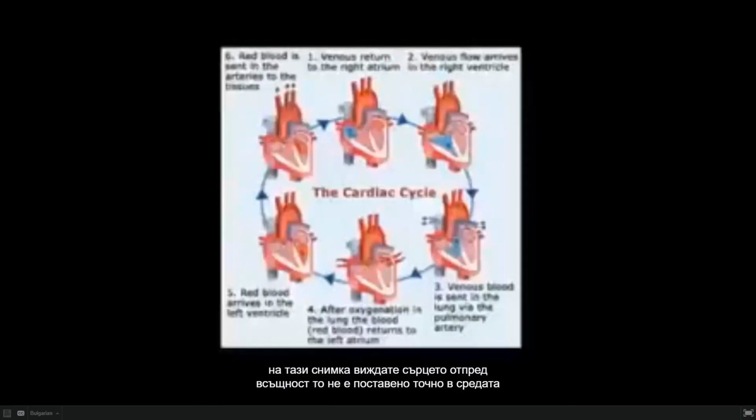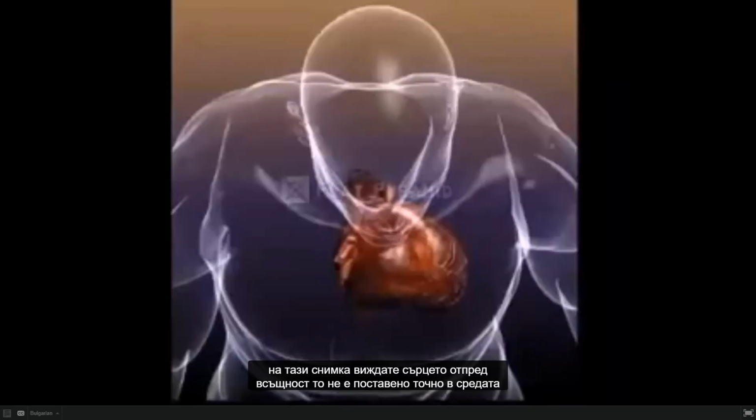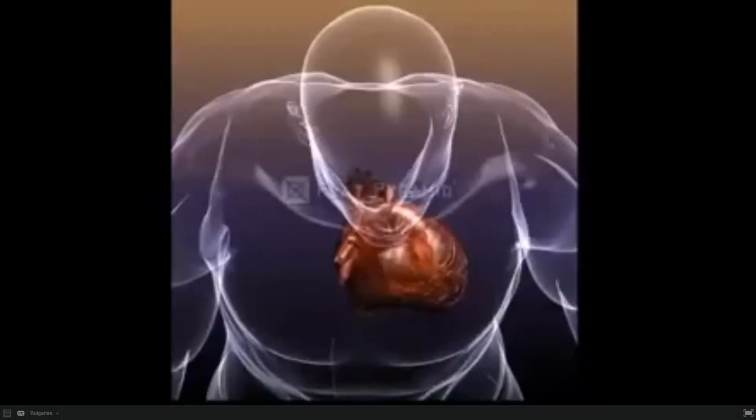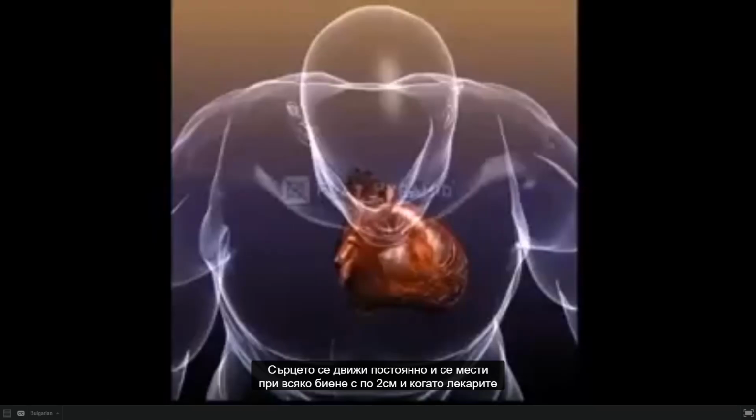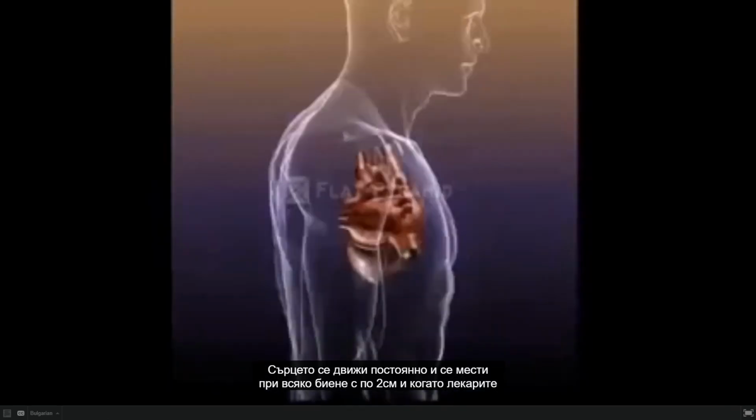In that picture you see the heart from the front. It is actually not placed exactly in the middle of the chest, but somewhat in the left part of the chest, and actually it is not a static position. The heart is moving all the time, and its movement with each beat is about 2 centimeters.